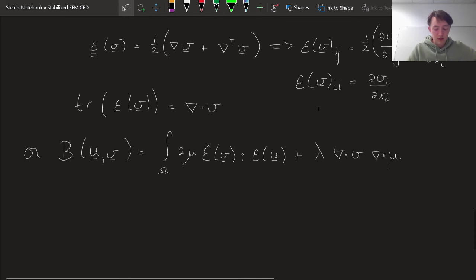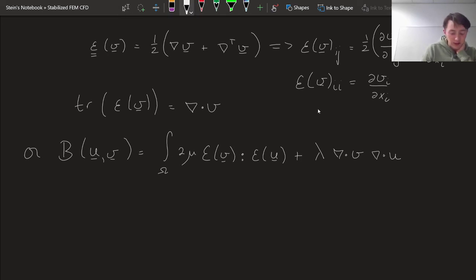Okay, so now again let's try and answer the question: what happens if we go to the incompressible limit? What we know is that in the incompressible limit the material parameters are such that our Poisson ratio is equal to half. That's how we characterize an incompressible material, an example often being rubber.